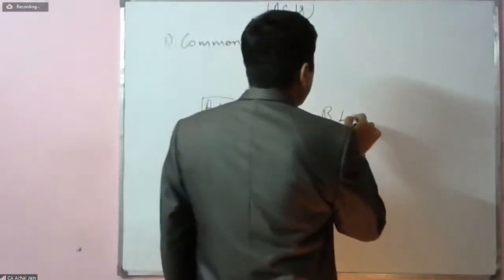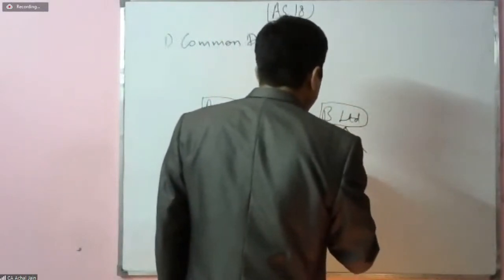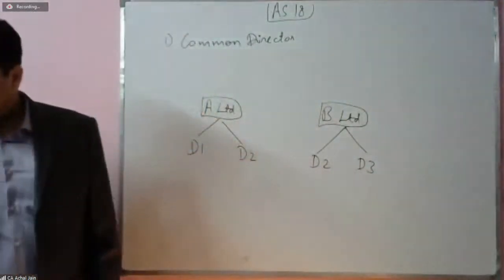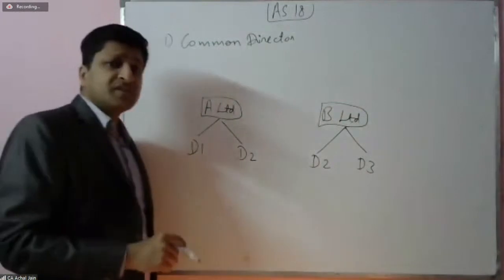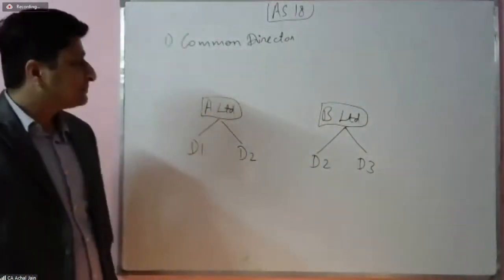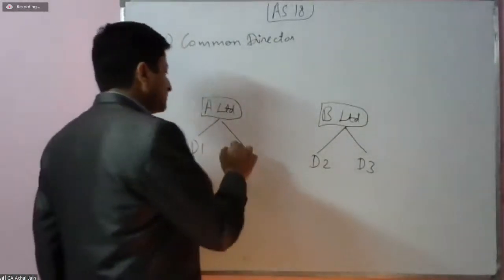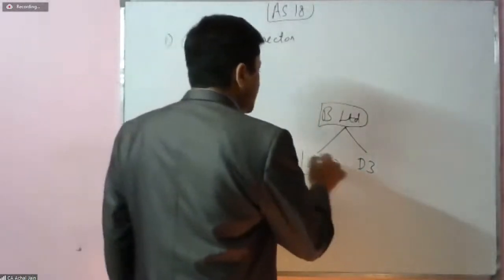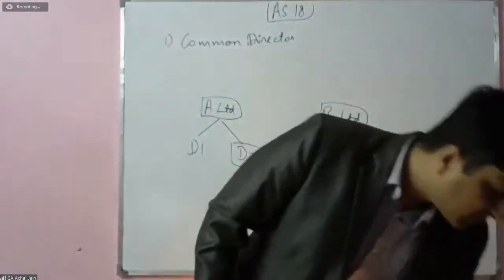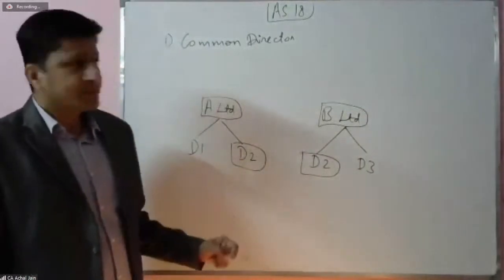There is another company B Limited which has got 2 directors, D2, D3. Now in this case, if you look at these 2 entities A and B, both of them have one director who is common. Means there is an individual who is director in both the companies.